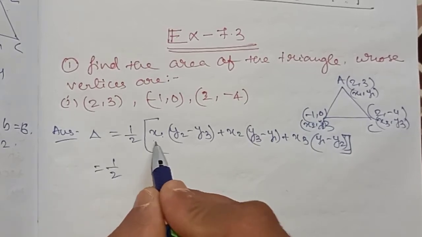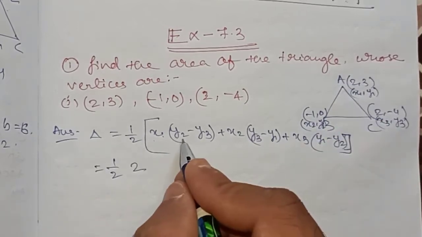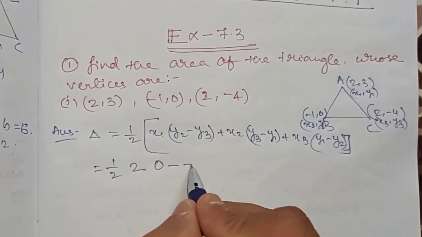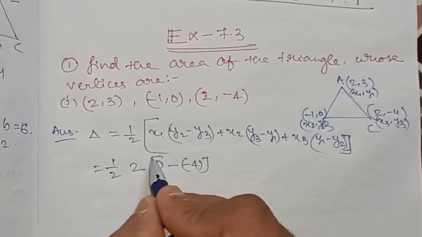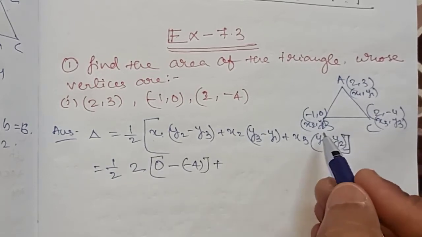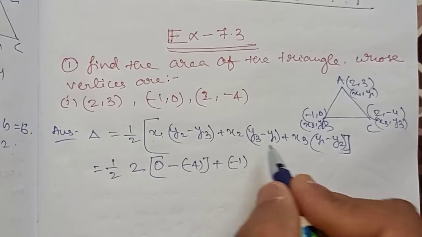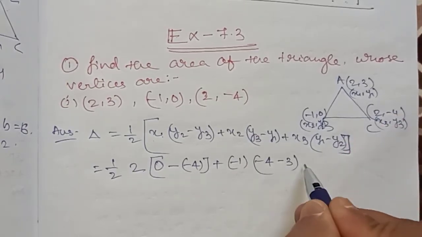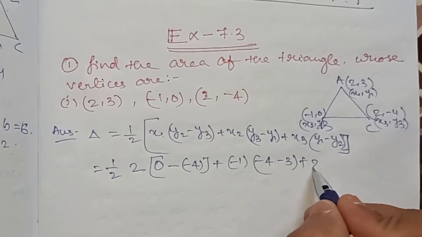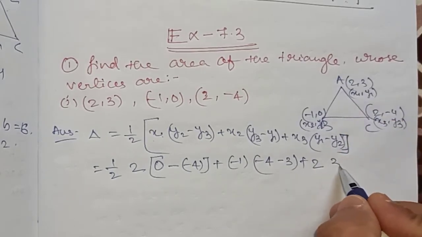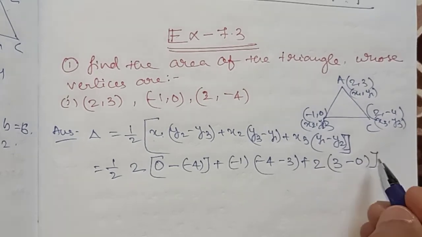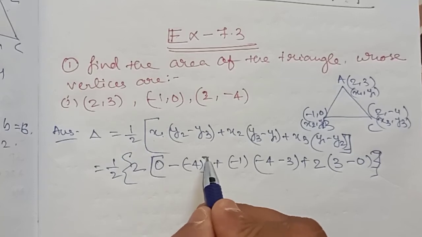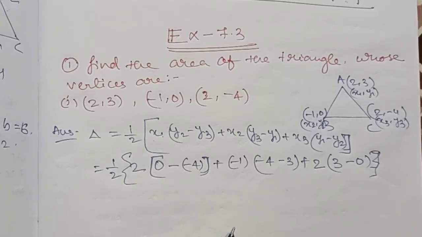So half, x1 is 2, y2 is 0 minus y3 is minus 4. Write it inside the bracket, plus x2 is minus 1, y3 is minus 4 and y1 is 3, plus x3 is 2, y1 is 3 and y2 is 0. Write everything inside a curly bracket because we have already used a square bracket here, wherever 2 minus signs are given.